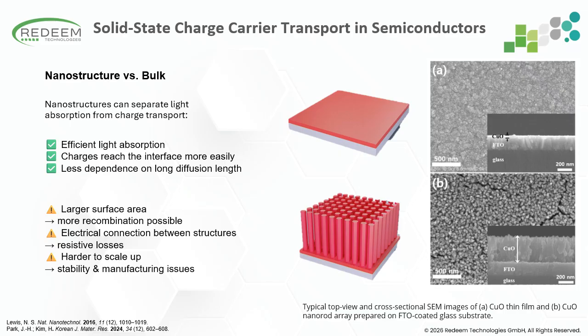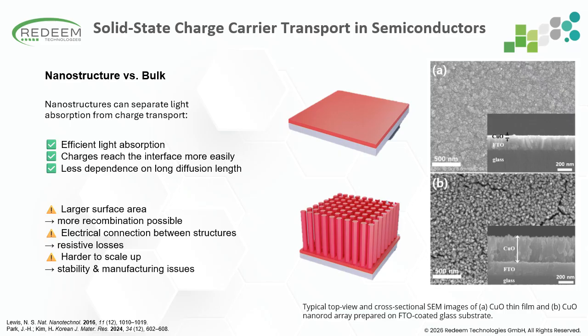So nanostructuring provides a solution by decoupling light absorption from charge transport. So if you look at the bottom picture here, the light still is absorbed over the full thickness of the electrode, but the generated charge carriers only need to travel a short radial distance to reach the semiconductor electrolyte interface.